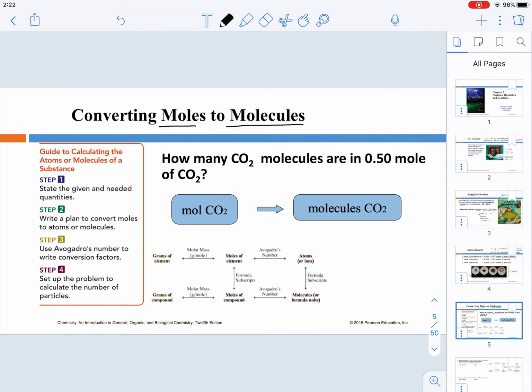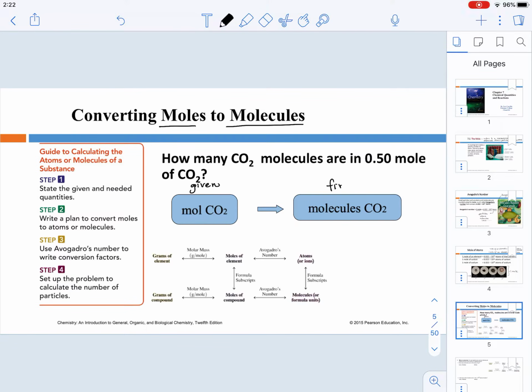So in this problem, as you can see, we are doing the conversion from moles to molecules. The problem reads, how many carbon dioxide molecules are in 0.50 moles of carbon dioxide? So as you can see, what is given is the moles of CO2.